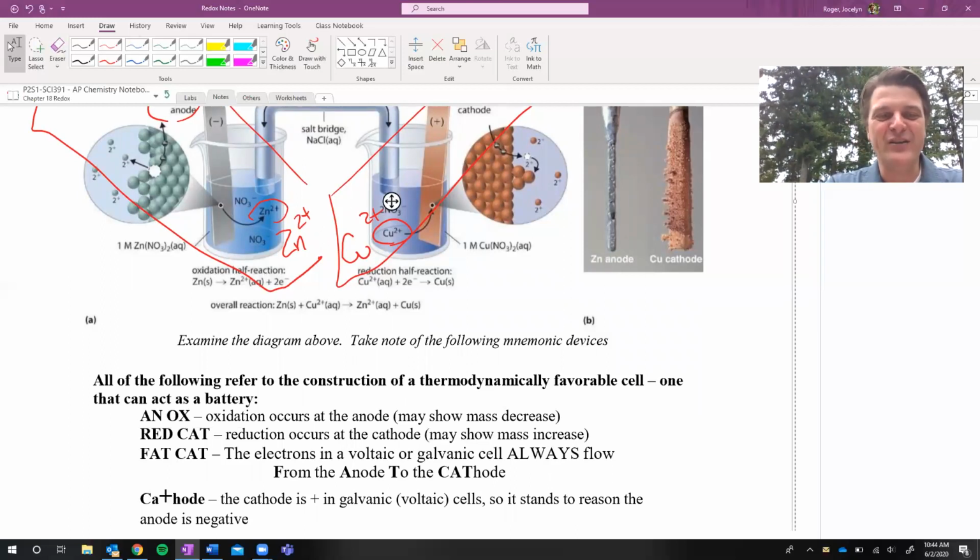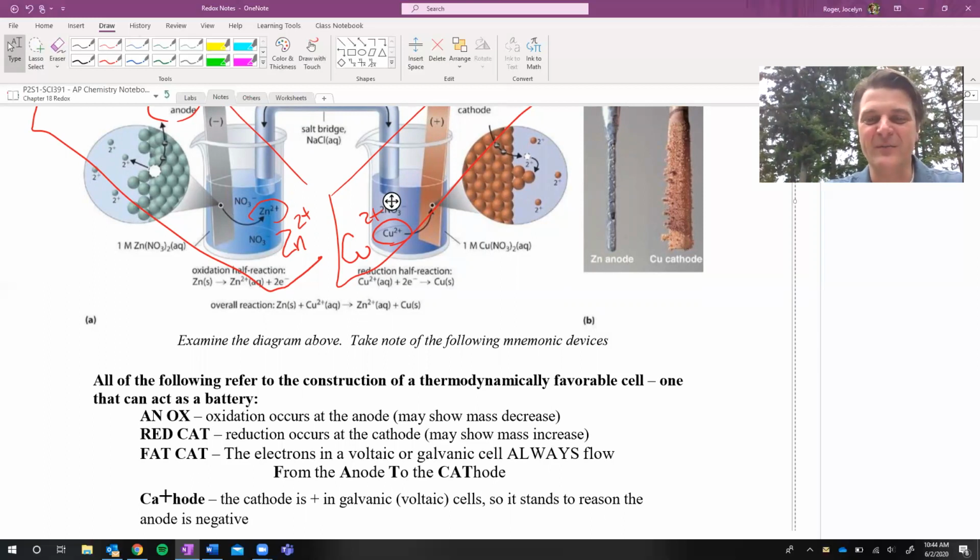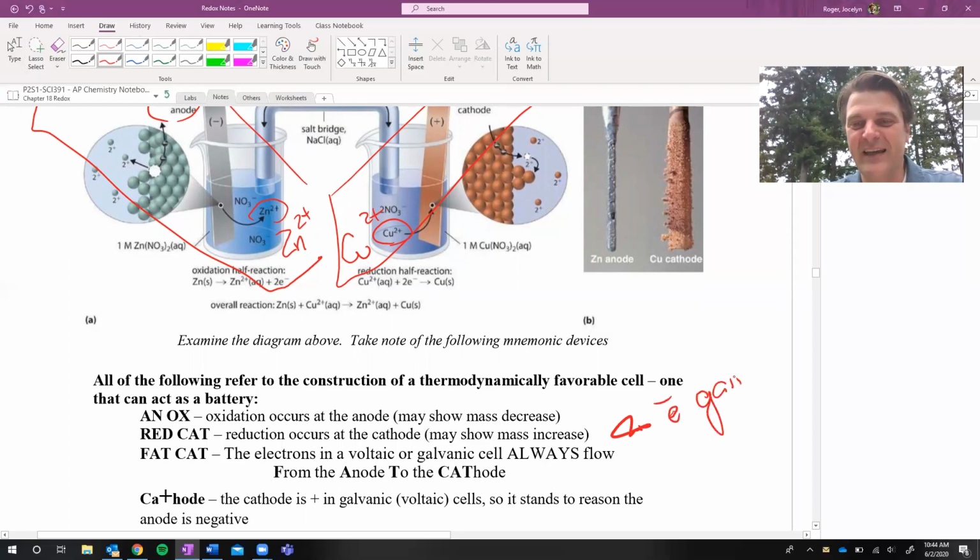And remember, reduction is GER, gain electron reduction. So electrons are gained at the cathode.